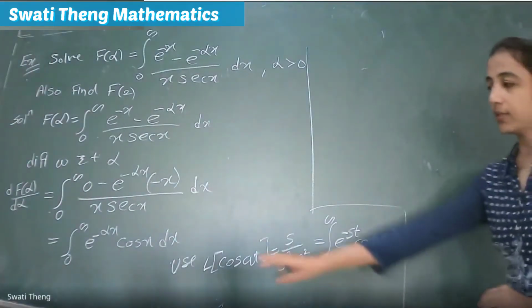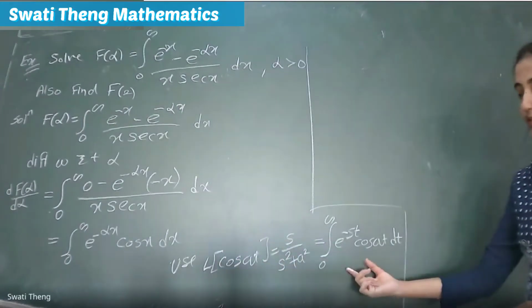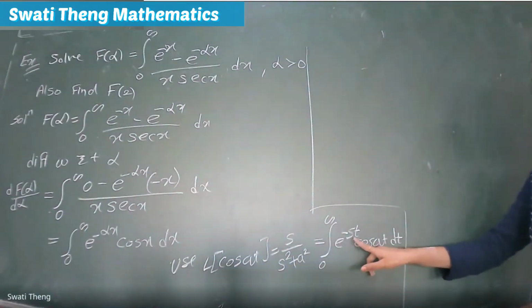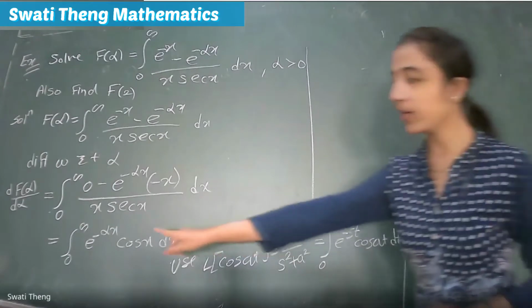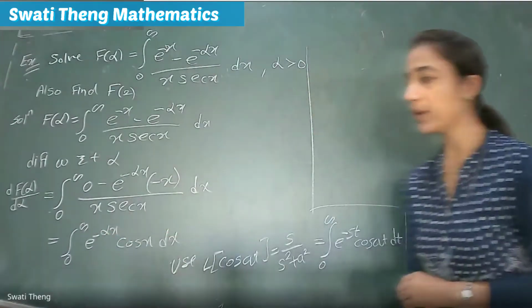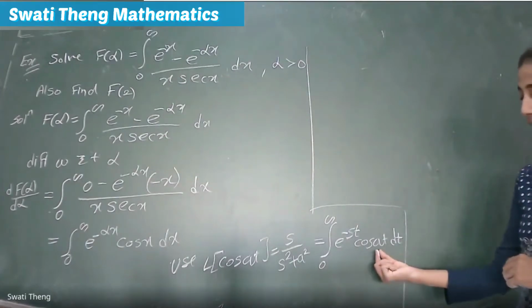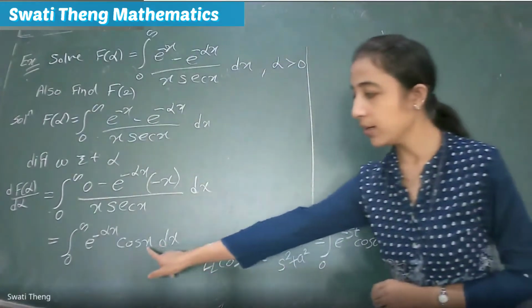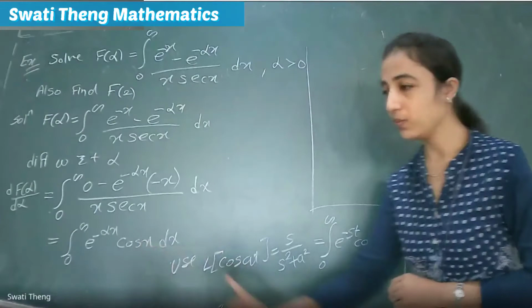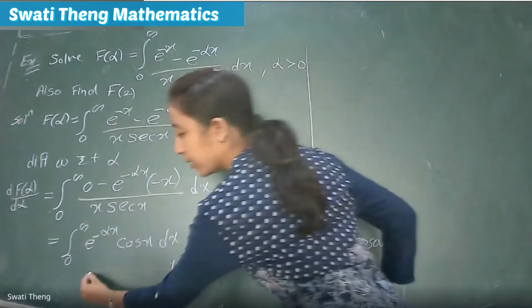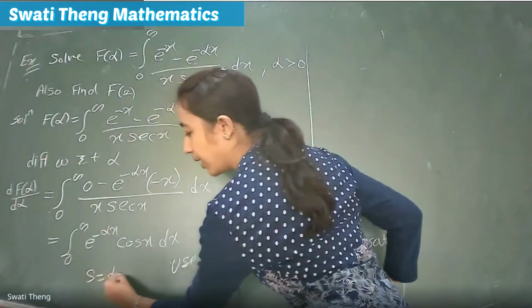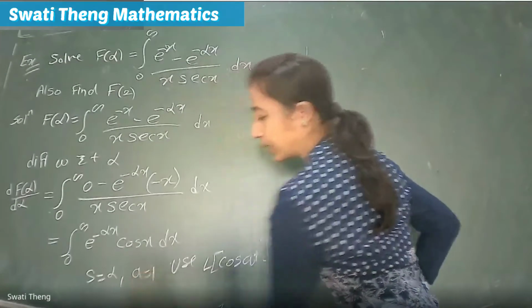Now if we compare the given integral with this one, e raised to the power minus st, then the coefficient of variable x is minus alpha. That means s equals alpha. And for at, the coefficient of x in cos is 1. So comparing, s is our alpha and a is 1.